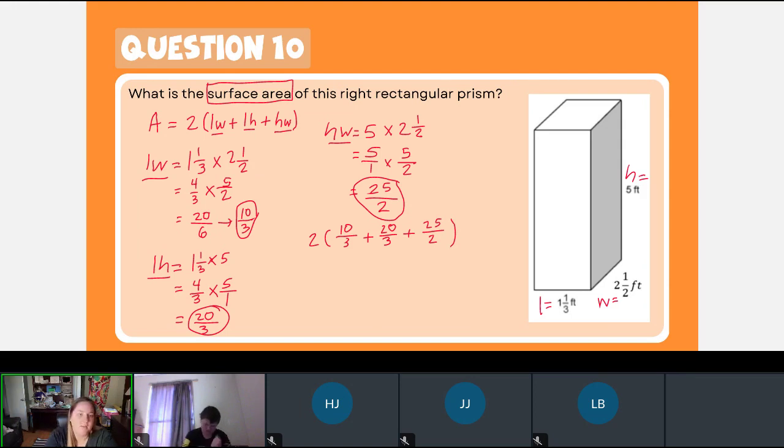All right, now let's see if any of these have common denominators so that we can add them. These two both have a common denominator of 3, so we can add those easily.